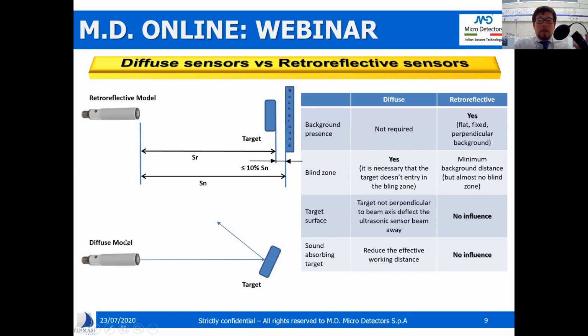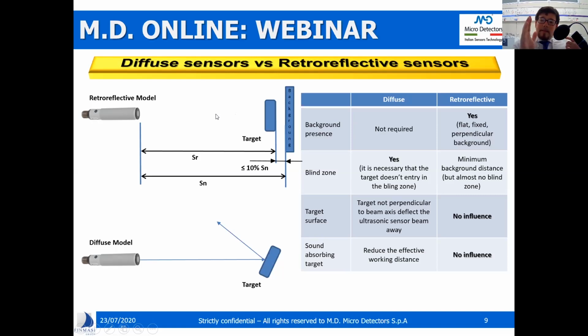The diffusion mode is, let's say, the most used in a lot of applications, but you can also use this interesting mode, which is the retroreflective sensors. How does it work? It works with the presence of a background, with the presence of a wall.